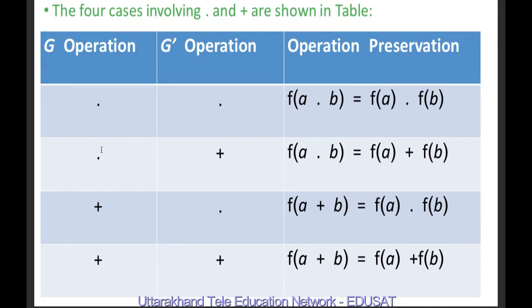If dot is the operation in G and plus is the operation in G dash, then f of a dot b is equal to f of a plus f of b. If the operation in G is that of addition and the operation in G dash is that of multiplication, then we write f of a plus b is equal to f of a dot f of b. And if the operation is addition both in G and G dash, then we write f of a plus b is equal to f of a plus f of b.